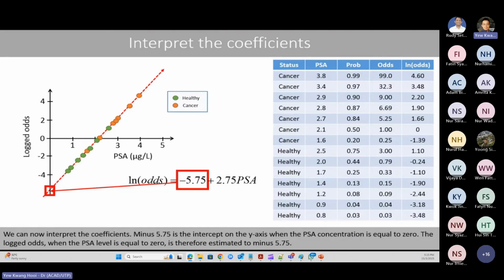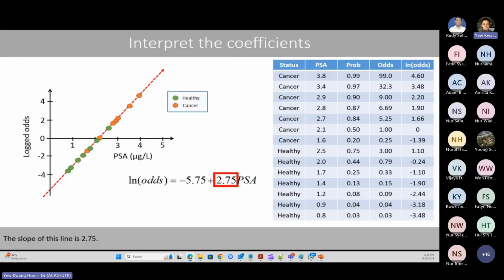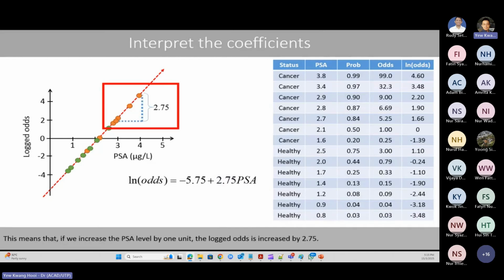The logged odds when the PSA level is equal to 0 is therefore estimated to be minus 5.75. The slope of this line is 2.75. This means that if we increase the PSA level by 1 unit, the logged odds is increased by 2.75.